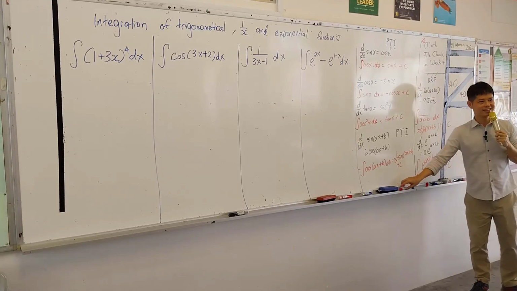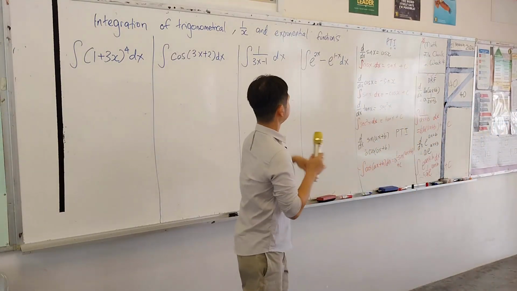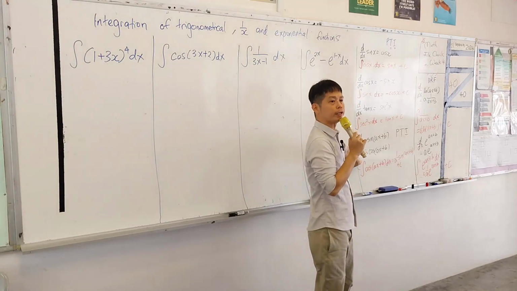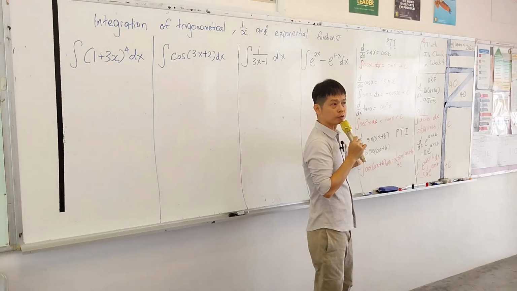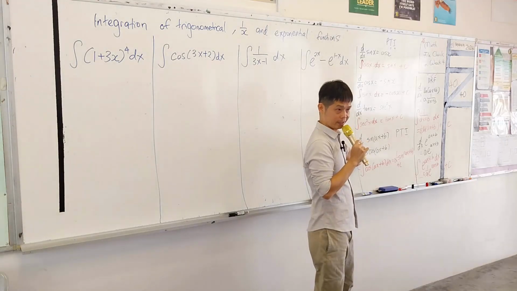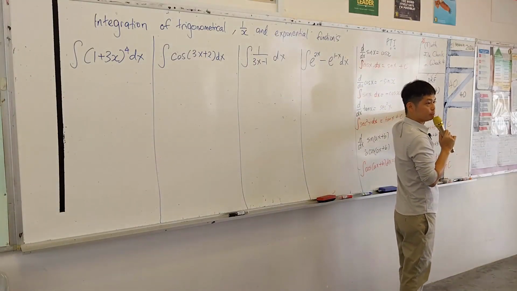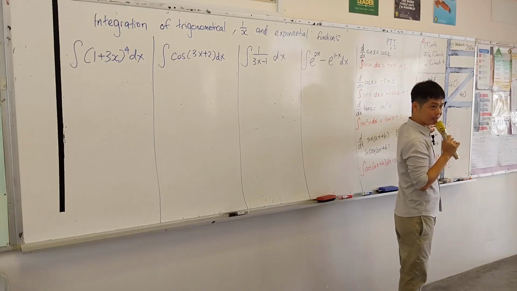So let's do a quick summary. This is the only possible case. When I integrate the trigo, what do I need to do? I change the trigo and I divide by a. When I integrate 1 over ax plus b, what do I do? I change to the ln and I divide by a.